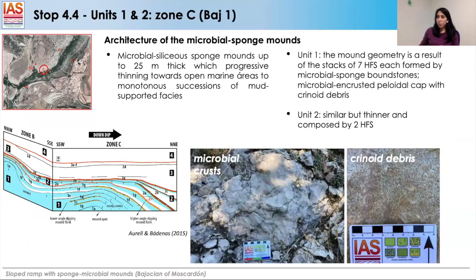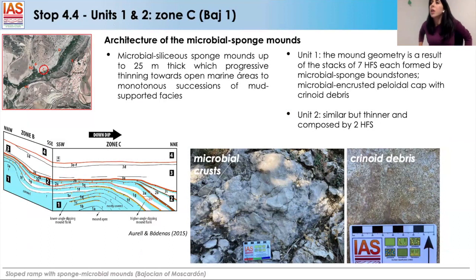Moving from stop 4.3 to 4.4, we took a look at the lower unit. So we moved from the top to the lower part, units 1 and 2, and we took a close panoramic view of the architecture of the microbial sponge mounds.